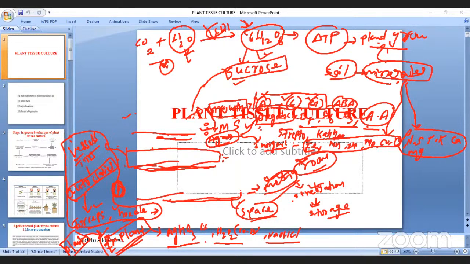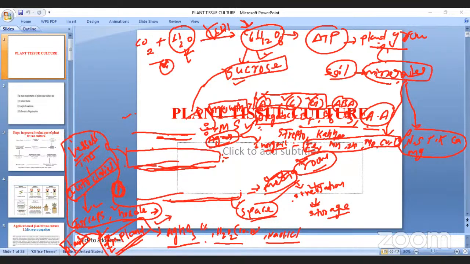Now we have sterilized the explant, the culturing substrate, and this culturing explant we keep inside the tissue culture vessels with the help of the forceps and needle. That's why the forceps and needle need to be sterilized. So all the instruments used in tissue culture and the explant are sterilized.